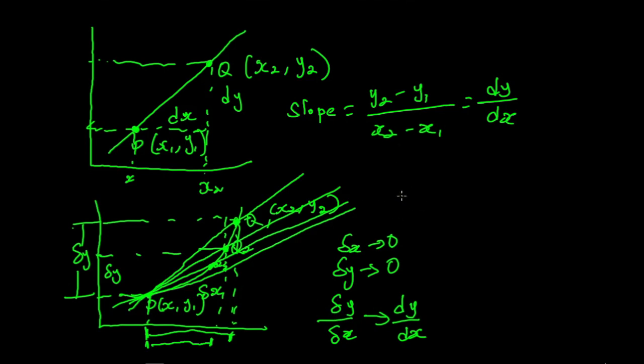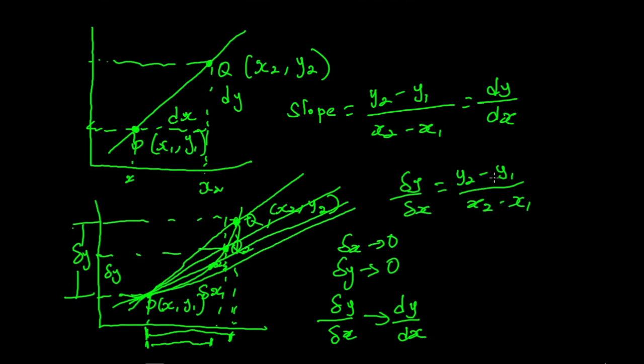Now to relate them, we can say delta y over delta x is equal to y2 minus y1 over x2 minus x1. Now from here we can see that our x2 minus x1 is still the same as delta x.